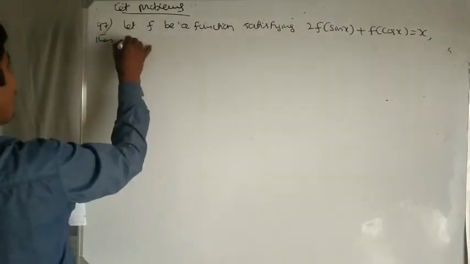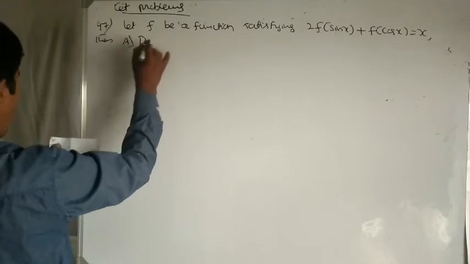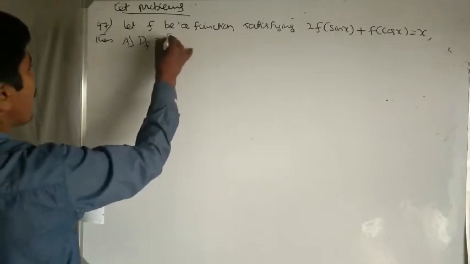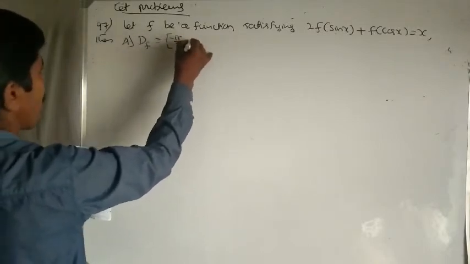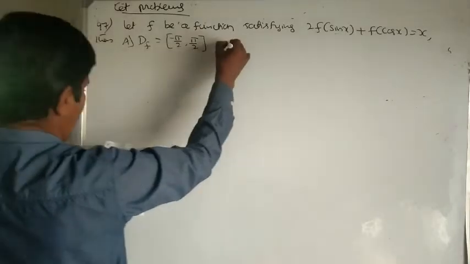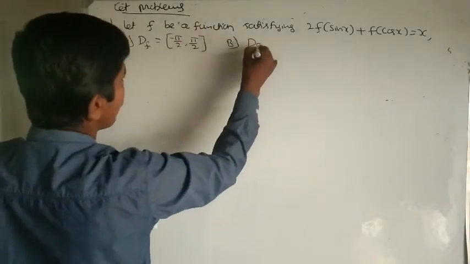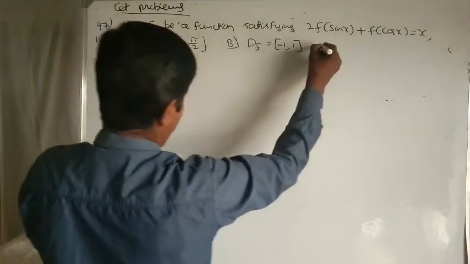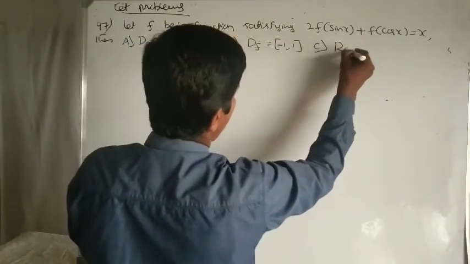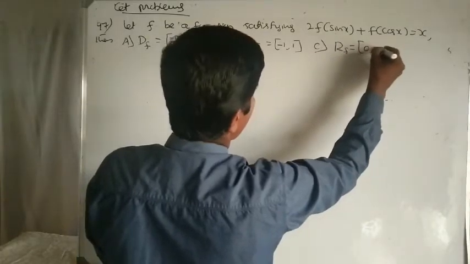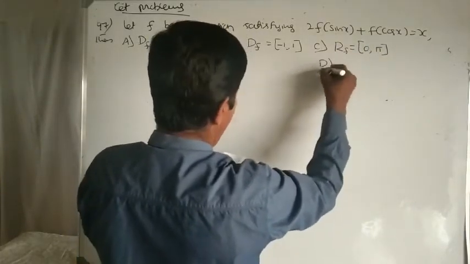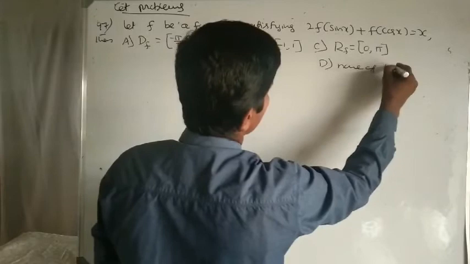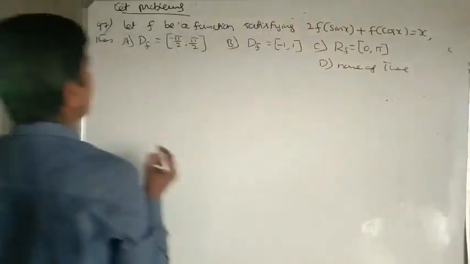Then A option, domain of f is the closed interval minus pi by 2 comma plus pi by 2. B option, domain of f equal to closed interval minus 1 comma 1. C option, range of f equal to closed interval 0 comma pi. D option, none of these.